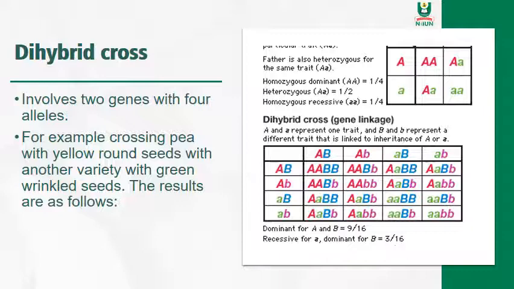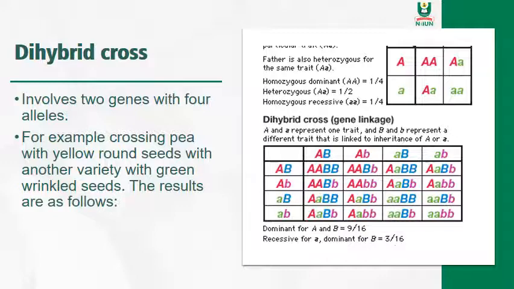So when you have a dihybrid cross, these are the alleles that are produced. This is a dominant trait. This is heterozygous dominant. This is heterozygous dominant also, and this is homozygous recessive.